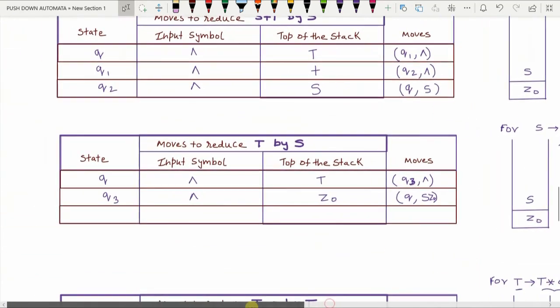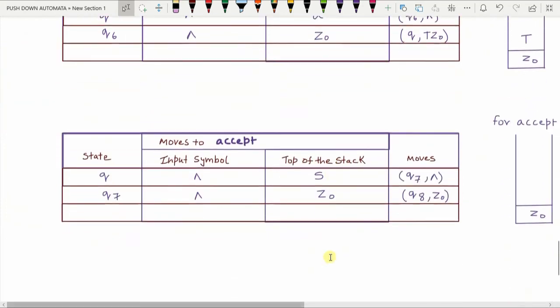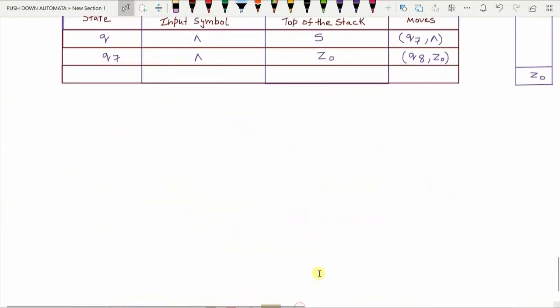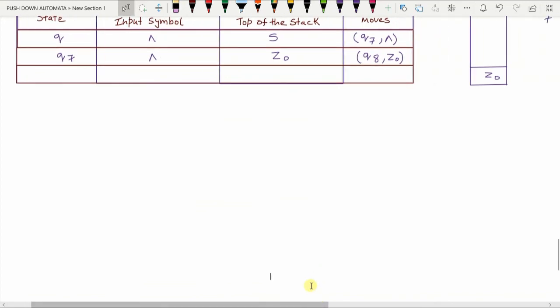Now finally, based on these transition tables, we are going to draw the bottom up PDA. So let me start. Q was one of the states, the initial state, as I told you.